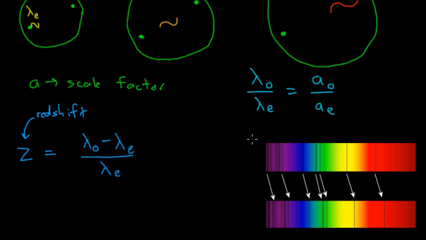Well, if I look at the spectrum of the light that is arriving at my telescope, then I know that specific chemicals like hydrogen and helium will show very particular spectral lines.